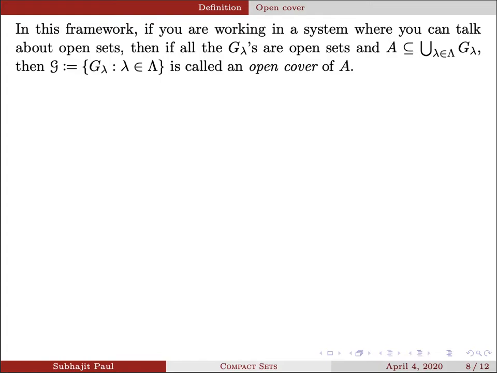Now I want to draw your interest to the fact that there are plenty of systems where we can talk about open sets which are way more general than the real number system. The real number system is a particular example of those spaces, namely the topological spaces, which are way more general things than real numbers.